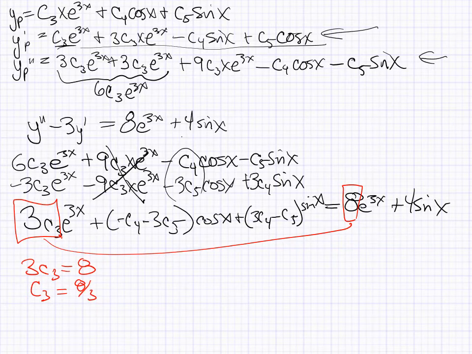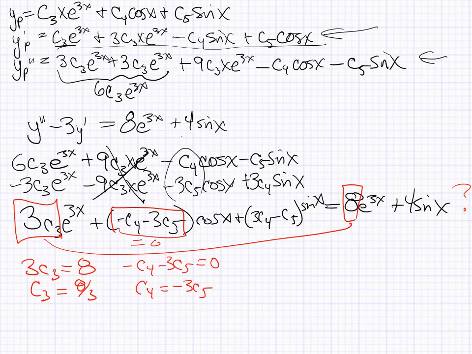All right, then we also have that this has to equal 0 because there's no cosine on the other side. So if negative c4 minus 3c5 has to equal 0, that tells me c4 equals negative 3c5. All right, and finally this right here would have to equal 4. So if 3c4 minus c5 has to equal 4, I know that c4 equals negative 3c5.